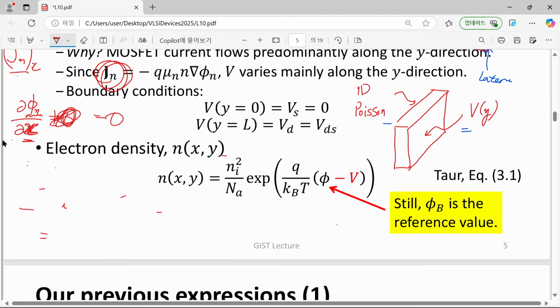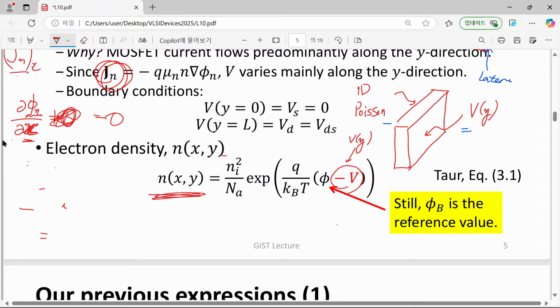Compared with the previous expression for our electron density, the only difference is now the adoption of this minus V factor, because this one can be a position of channel direction.